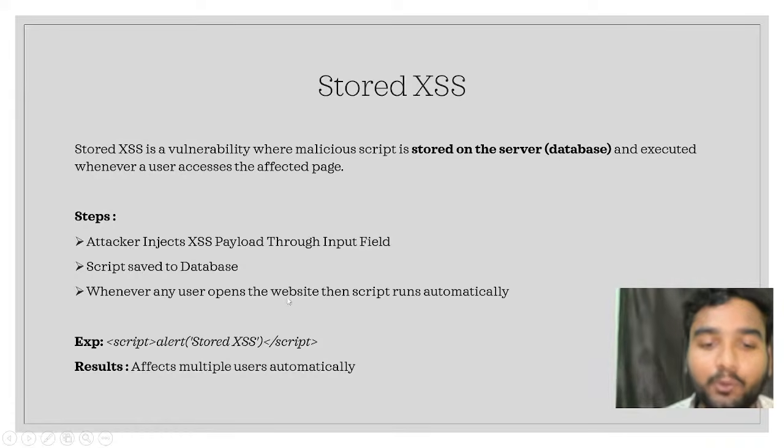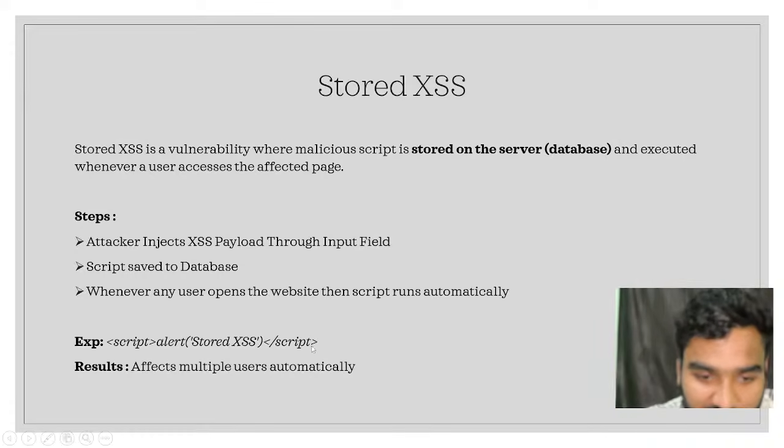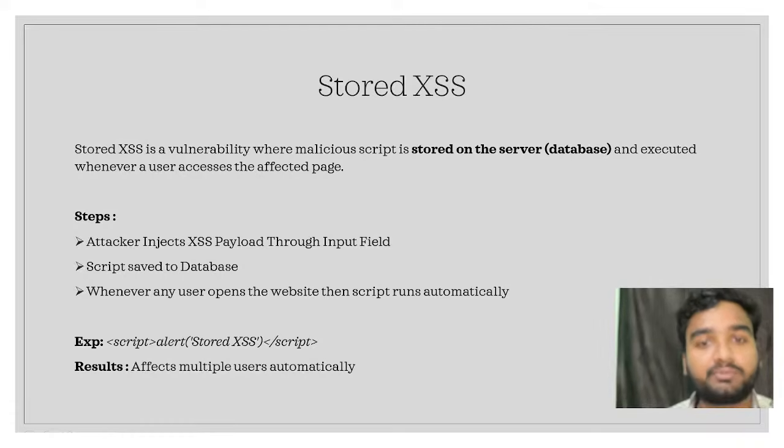Whenever any user opens the website, the script will run automatically. Okay. So this is the example we have done already, but we will perform it on a website when we find a vulnerable website.